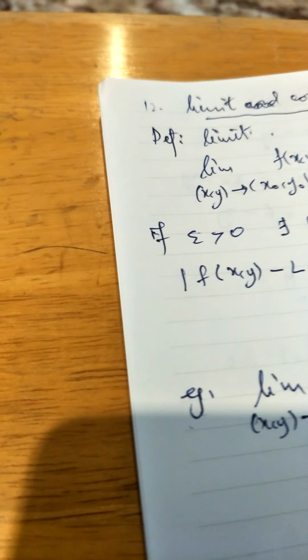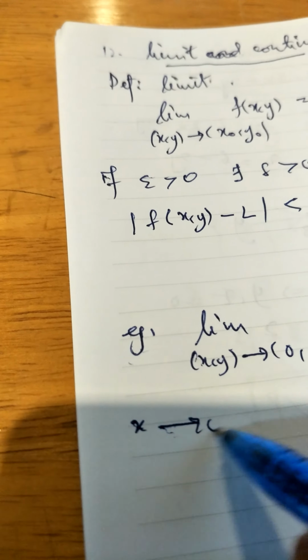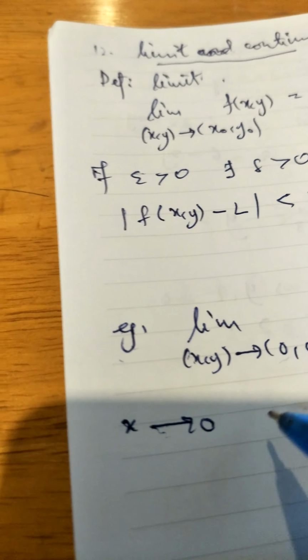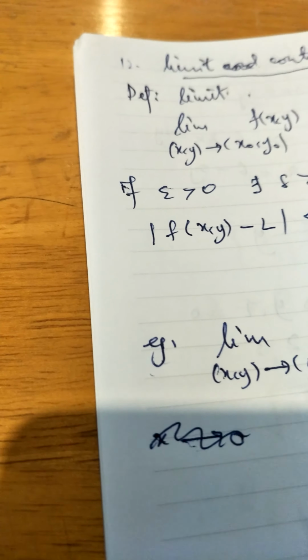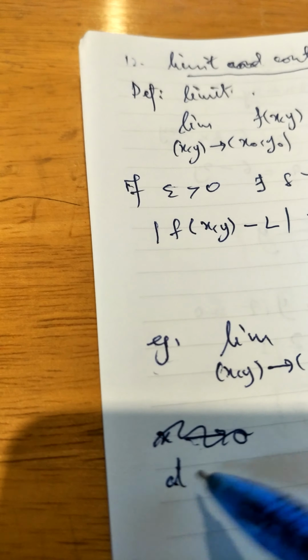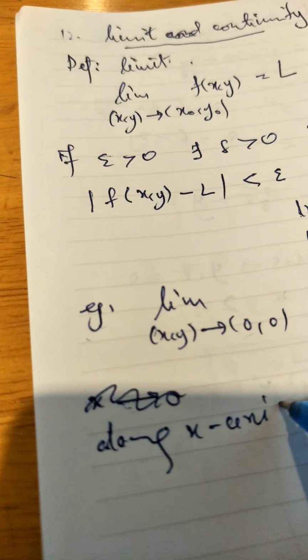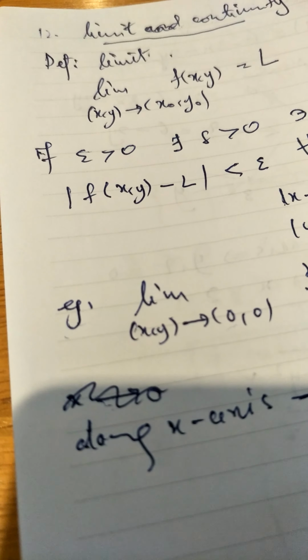So for this example, let's consider x approaches 0 along the x-axis, where we have y equals 0.